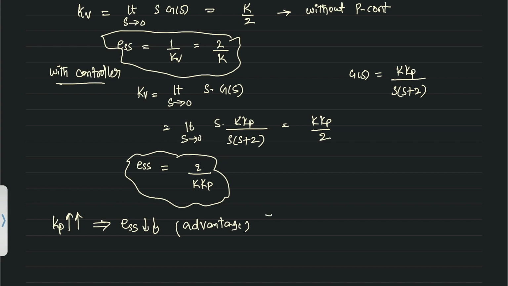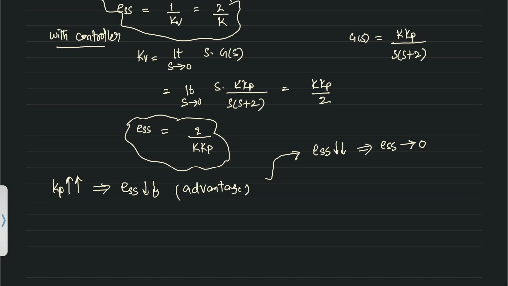The thing is, here the steady state error is reducing, but it is not getting to zero. If you want to reduce the steady state error to zero, you can't do it with only a proportional controller. By means of a proportional controller, for some particular inputs, we can reduce the steady state error, but we can't make it zero.